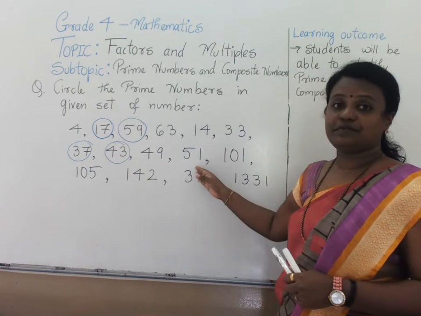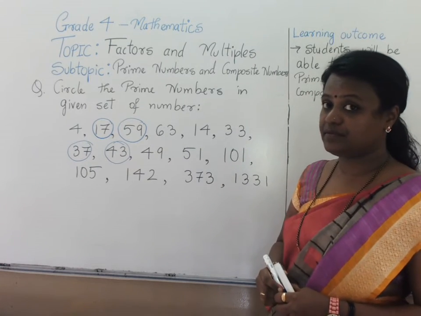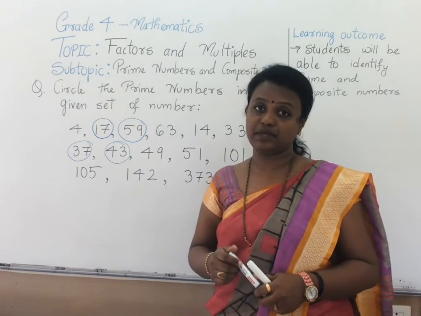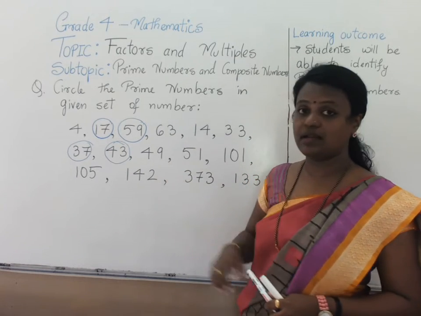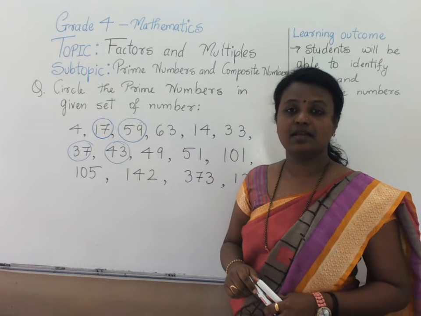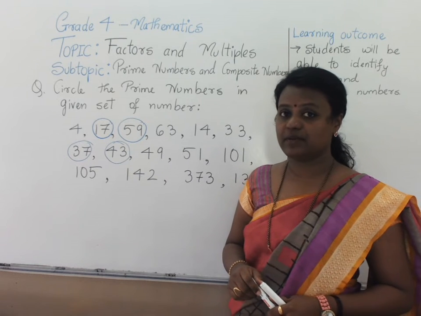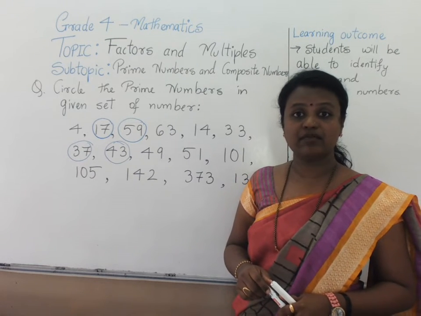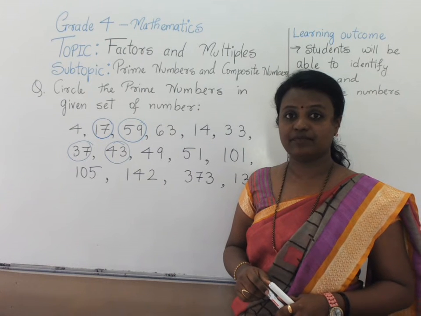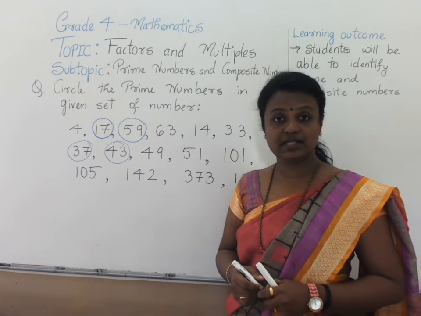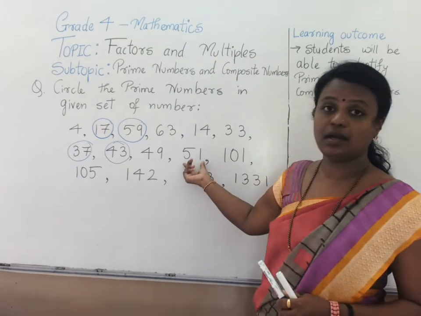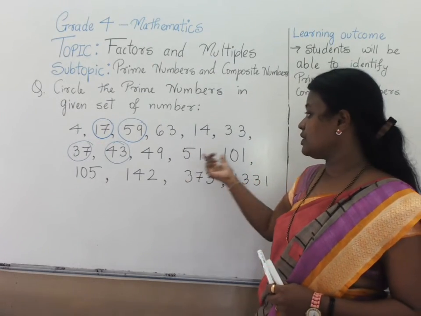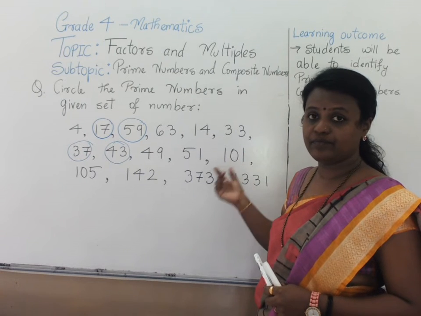Let us check with 51. As I told you in the previous class, when we add the digits 5 plus 1 it results in 6. 6 is a multiple of 3. So 51 can be divided by 3. 3 seventeens are 51. So this is again not a prime number. 101.